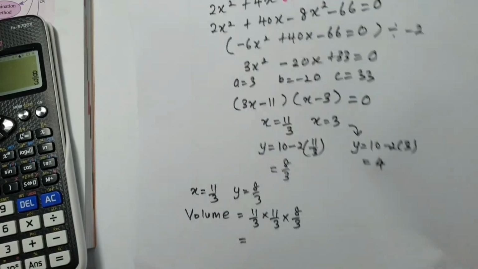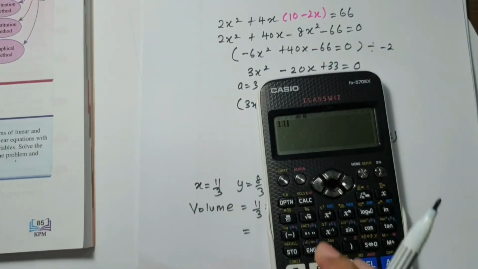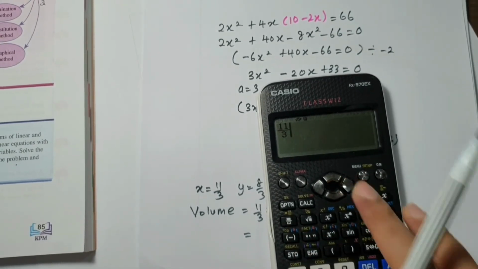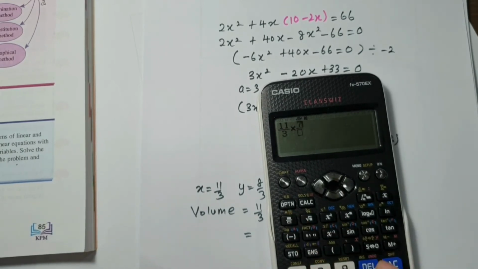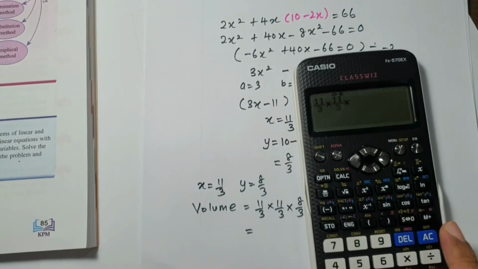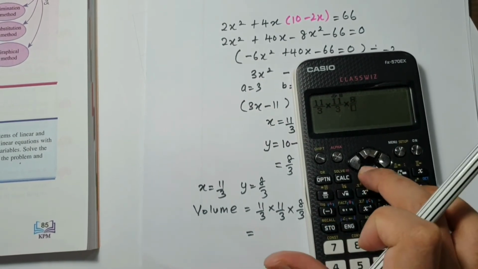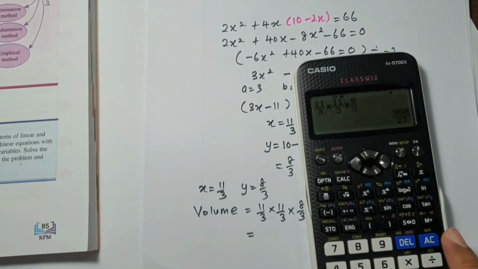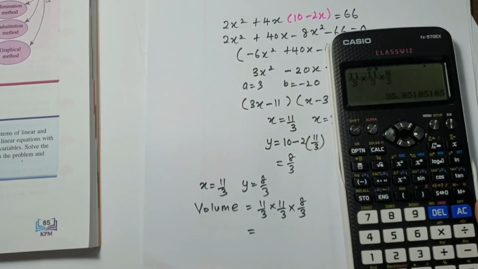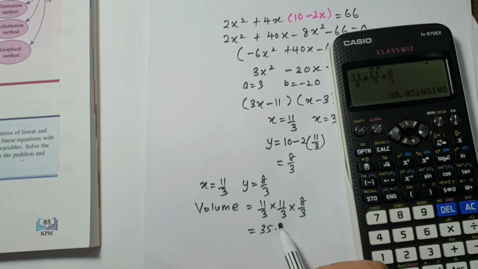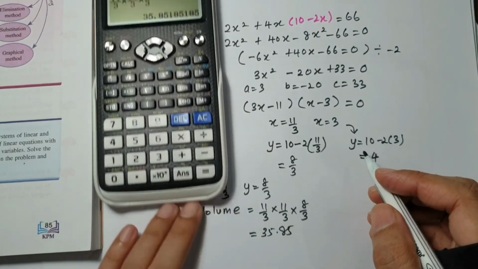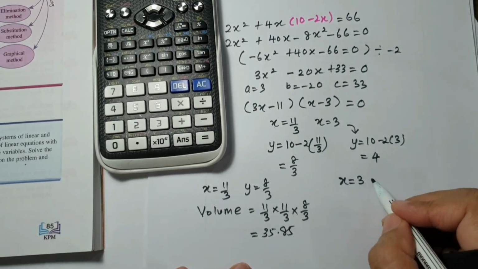So 11 over 3 times 11 over 3 times 8 over 3. Press this button. So it is 35.85. Give your answer correct to 4 significant figures. So if x is 3, y is 4.